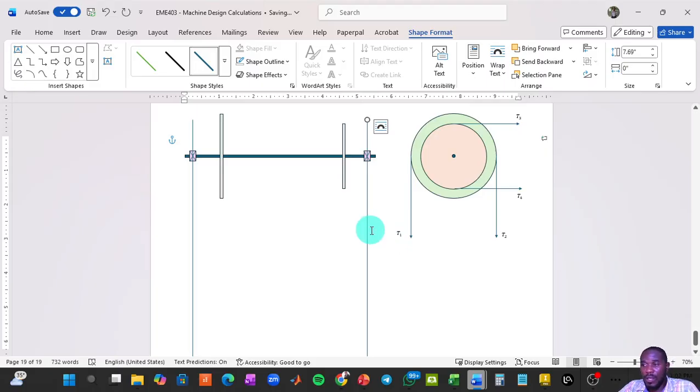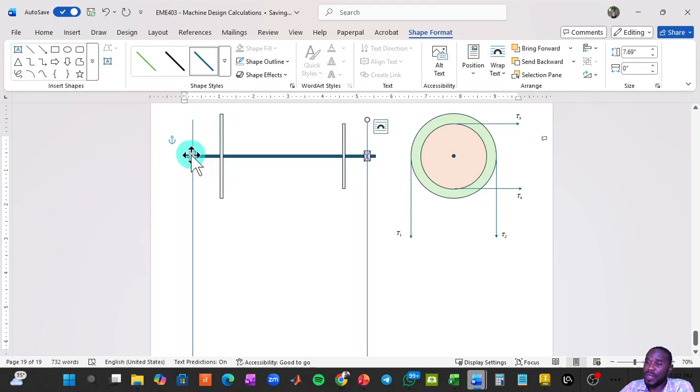Remember in the last video I told you that we will not necessarily need to find out what the stresses are in every segment of this shaft. There are critical points that we will concentrate on. Now in this shaft there are 4 critical points.